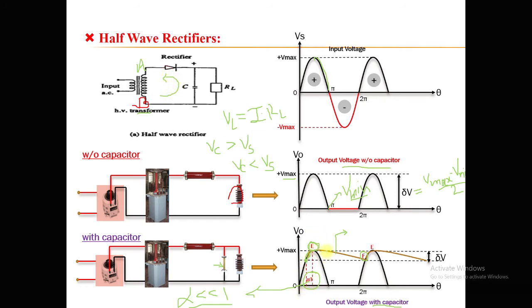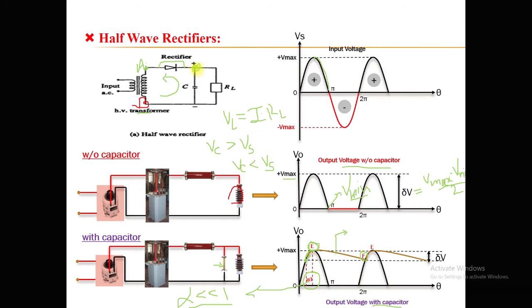Initially, during the positive half cycle, the capacitor is charged to the Vmax value. Now as the direction of the current changes from positive to negative, the net voltage available at this diode side becomes Vmax plus Vmax. So 2 Vmax of voltage is now available at the diode side. Vmax is supplied by point A, which is negative in polarity, and the second is the voltage of the capacitor at this point.